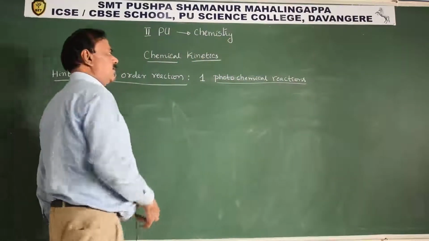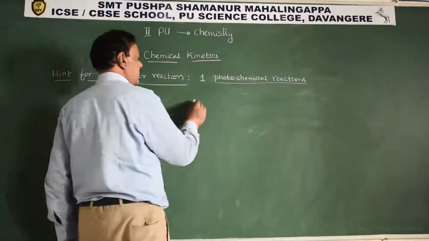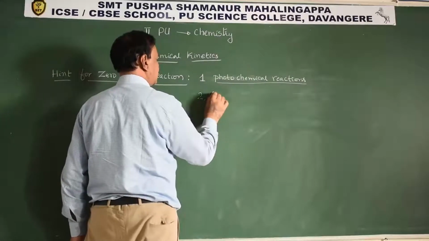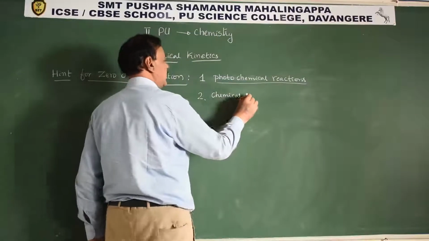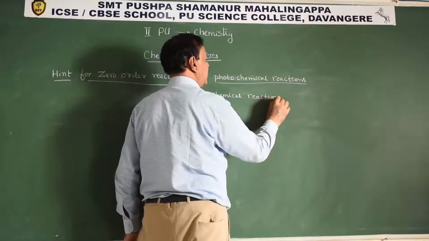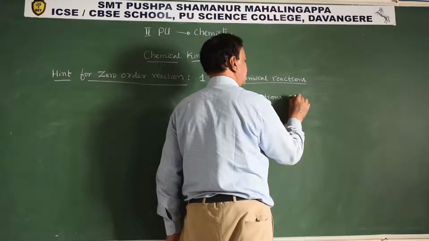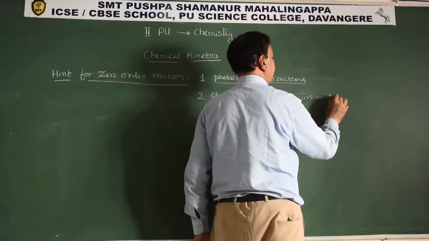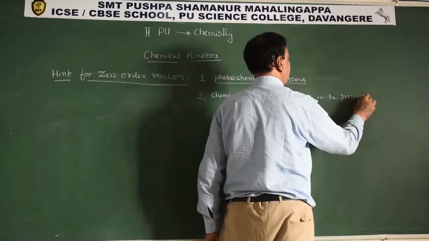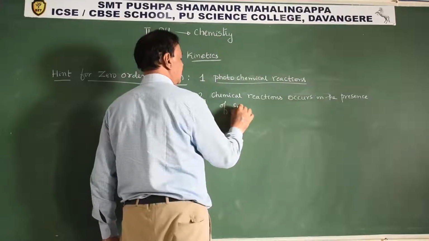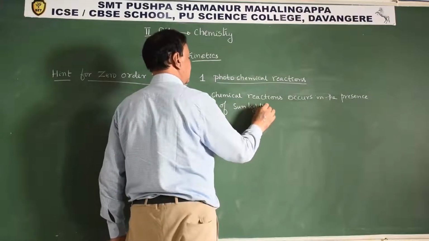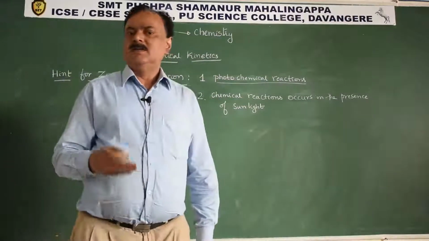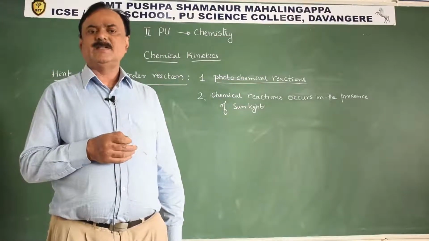Photochemical reactions are good examples. Any chemical reactions which occur in the presence of sunlight, for example, hydrogen and chlorine combine in the presence of sunlight, then it gives rise to HCl.